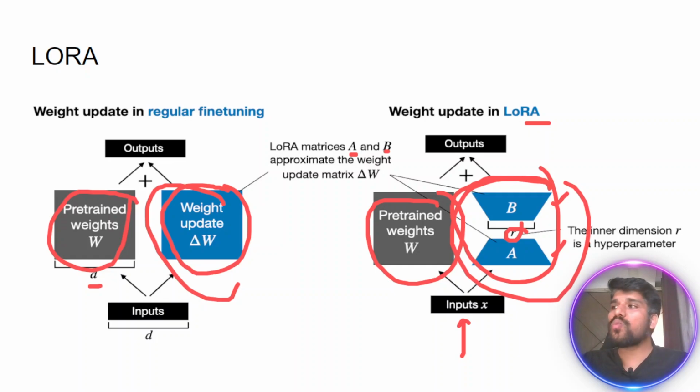So this is one way we are doing the fine tuning. But I'll explain in another video, because otherwise it will take time to explain each and every detail. But this is the context behind LoRA. Okay, next.